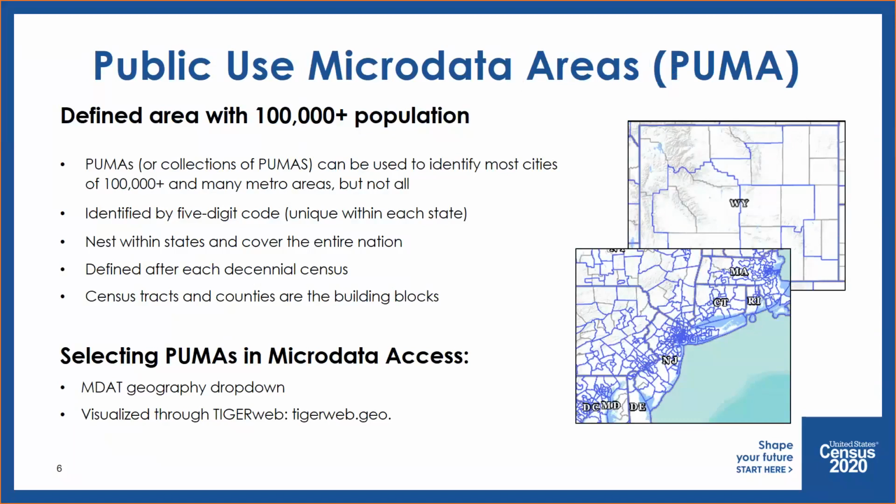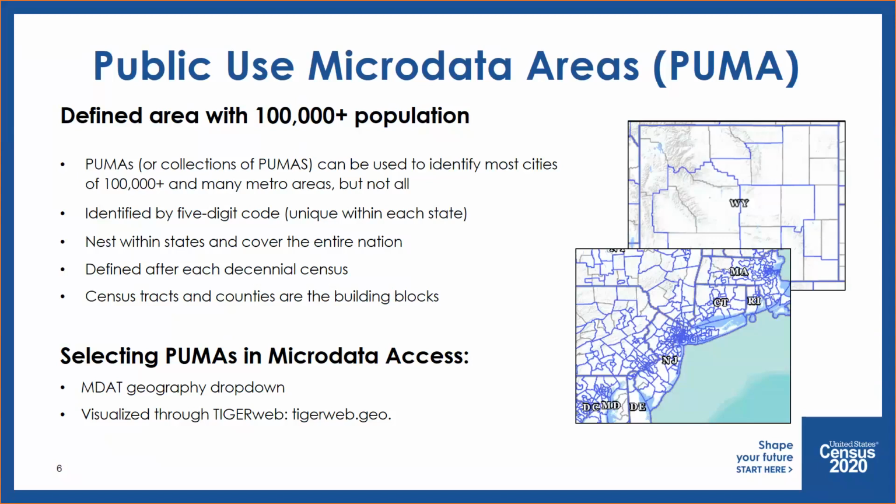I'll show you that in the drop-downs in MDAT, but not always. They're typically 5-digit codes, unique to each state, and it's nested, which is important to know. Not only is it the building blocks of tracts and counties being used, but it's also nested within state and covers the entire nation. These are redefined after every decennial.